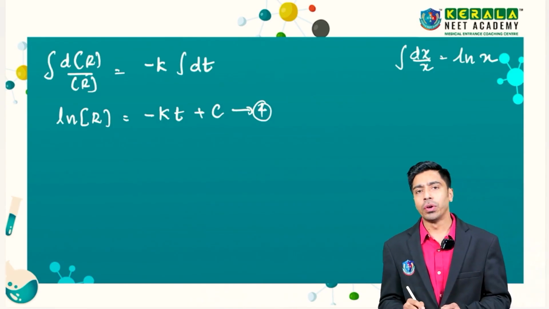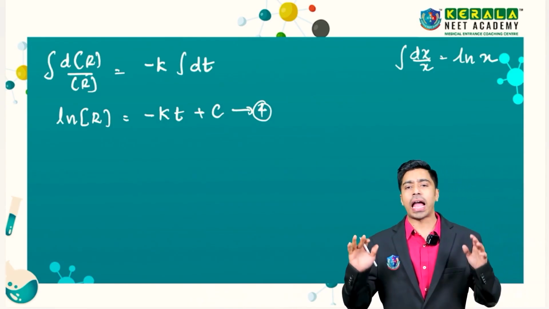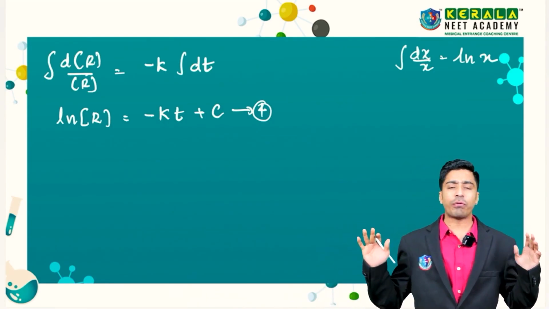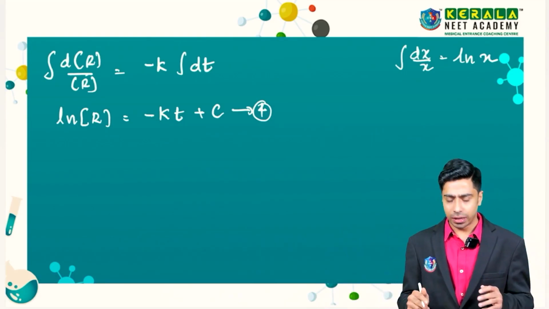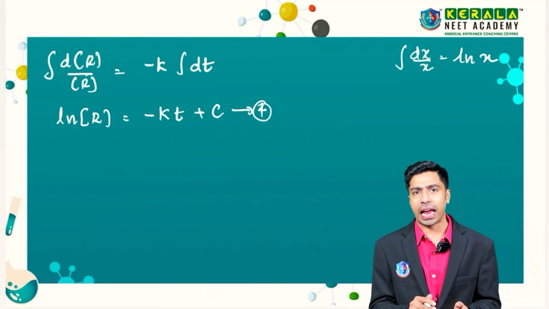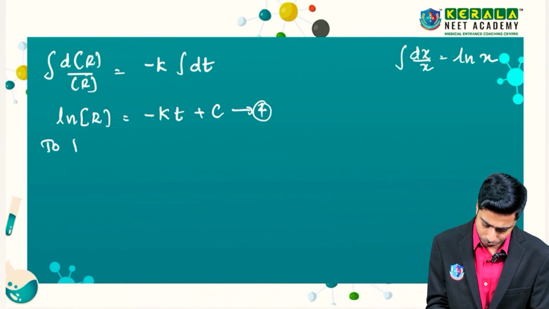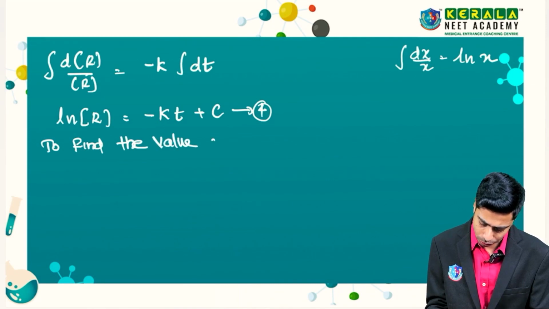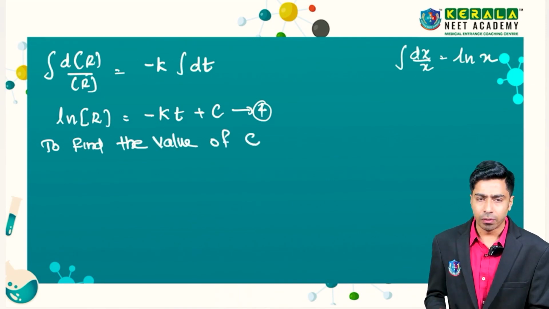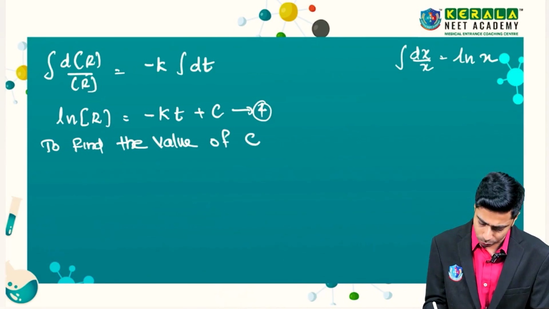Now what we have to do? We need to find the value of c. Here [R] is the concentration of reactant at time t. To find the value of c, we'll substitute when t is equal to 0.